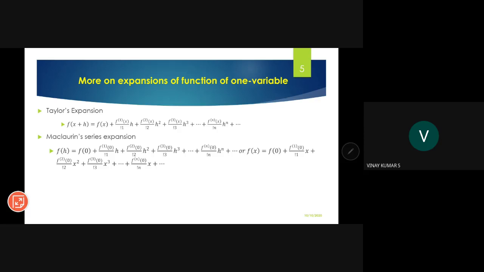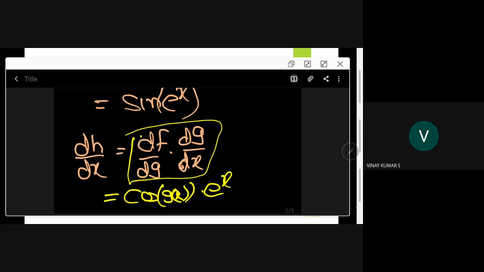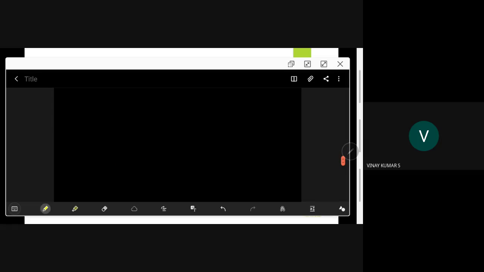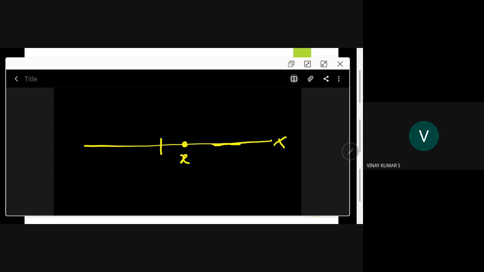See what this Taylor series expansion says. Suppose this is our line, the real line, so this is our x-axis. Somewhere here, say small x, we know everything about f.